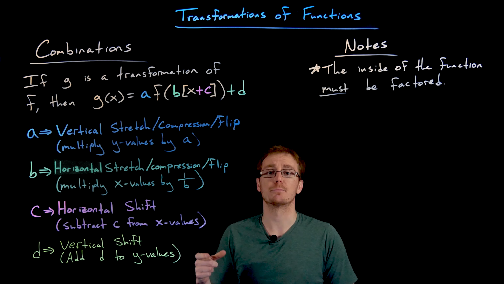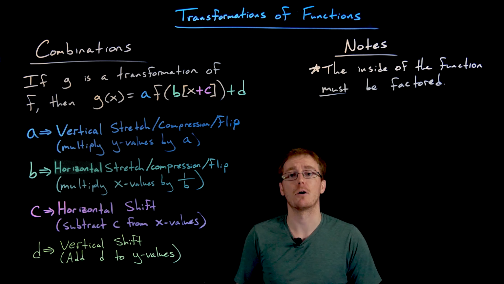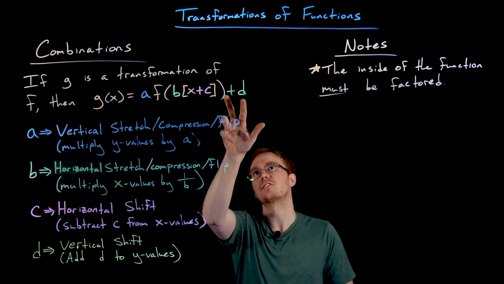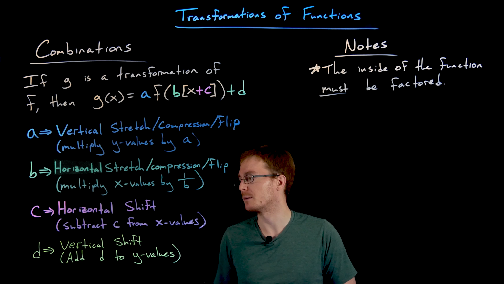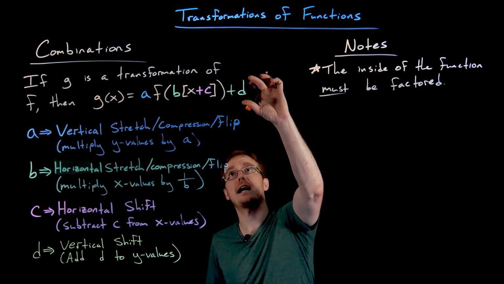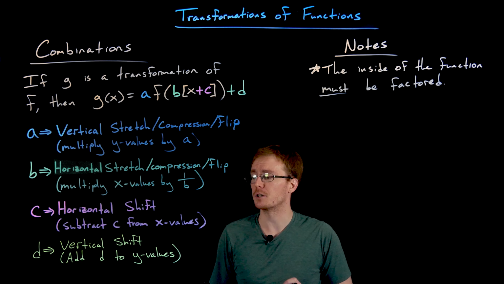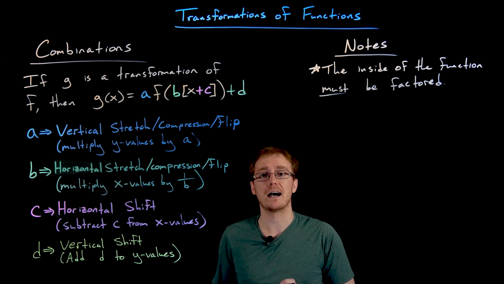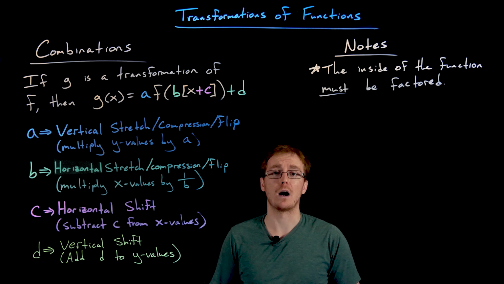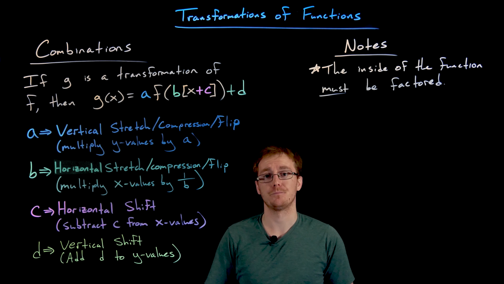We always subtract that number c from our x values. And that last one, that plus d, is going to be a vertical shift. When we have addition or subtraction happening outside of our function, that's going to affect our y values. We just add that d value to all those original y values from the graph of f.